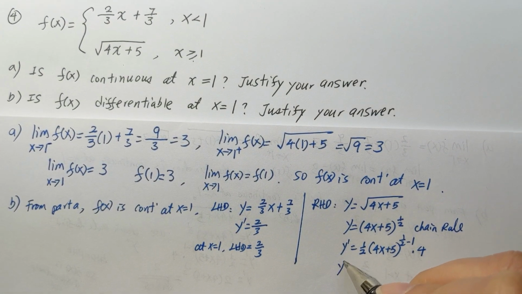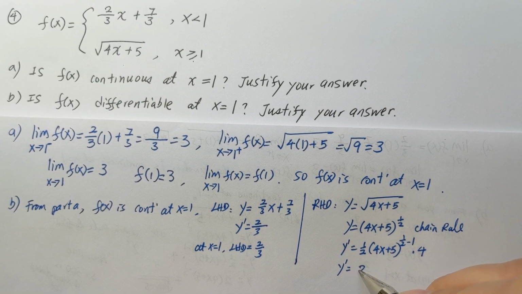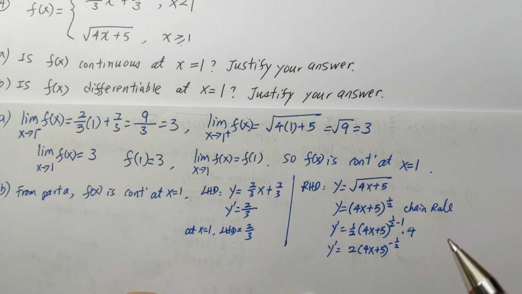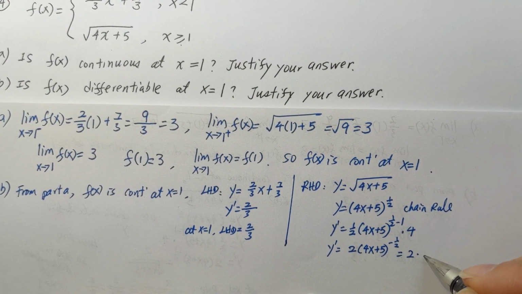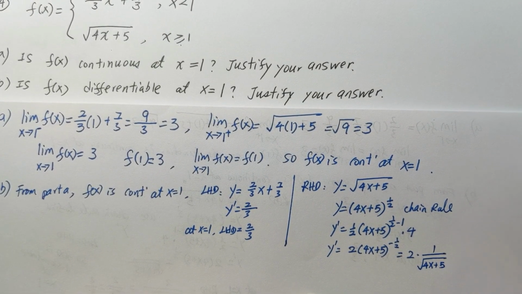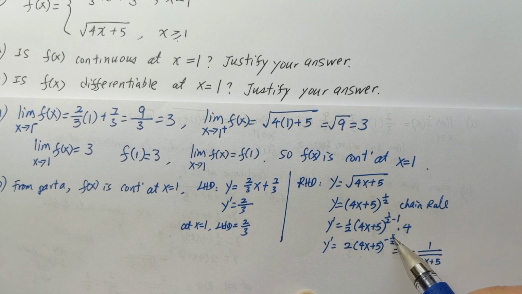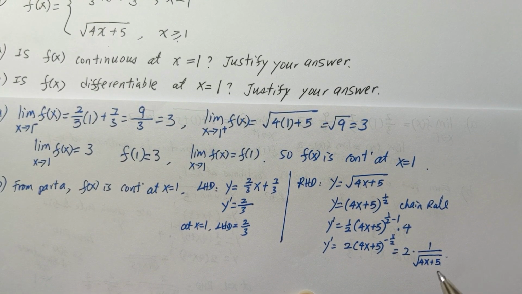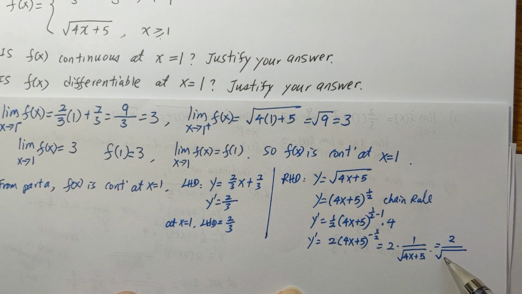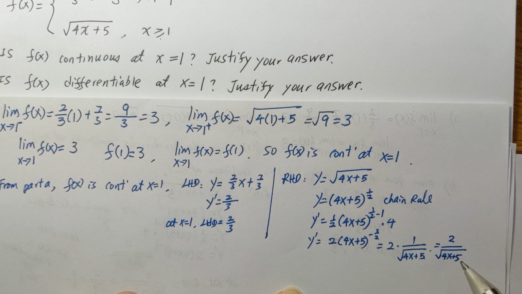And now we simplify. 1 half of 4 is 2. And this we get negative half. And then we're going to rewrite it. Negative half, so it'll be 1 over square root of 4x plus 5. And then we got 2 over square root of 4x plus 5.